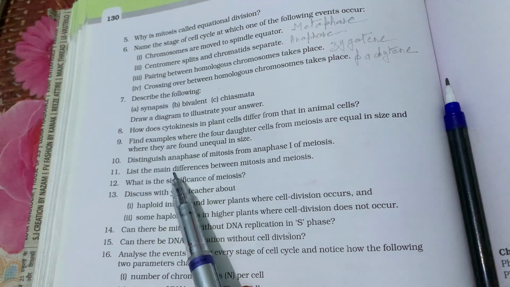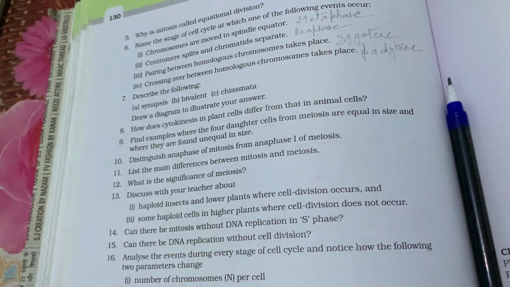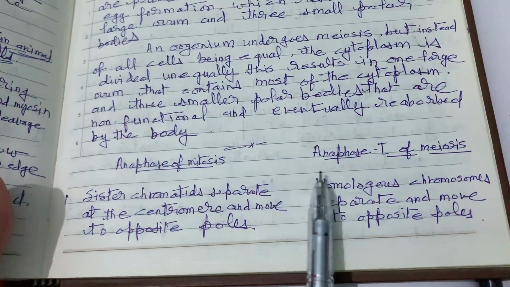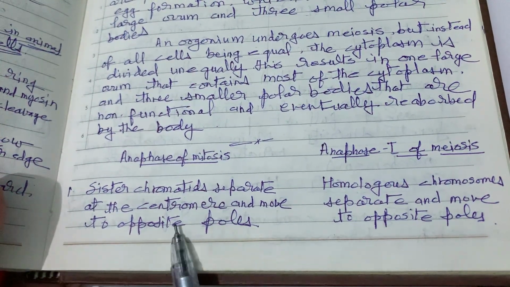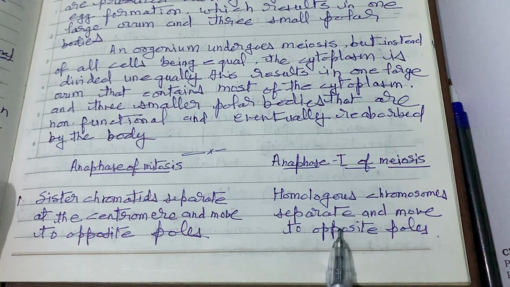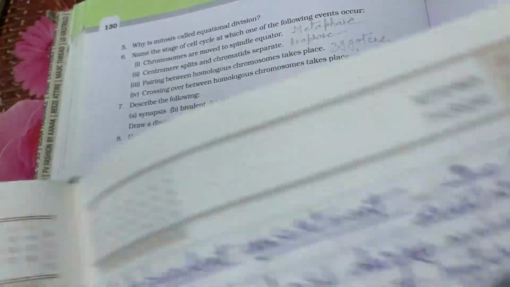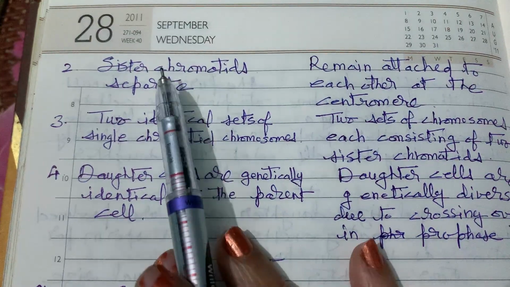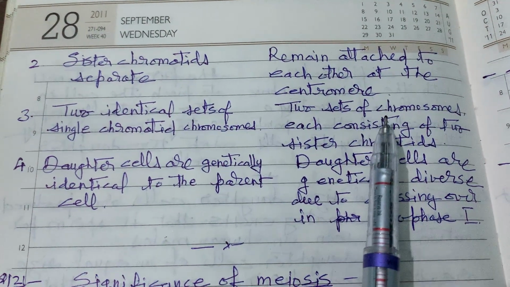Now the tenth one: distinguish between anaphase of mitosis and anaphase 1 of meiosis. In mitosis, sister chromatids separate at the centromere and move to opposite poles. In anaphase 1, homologous chromosomes separate and move to opposite poles. There, the sister chromatids remain attached to each other at the centromere.